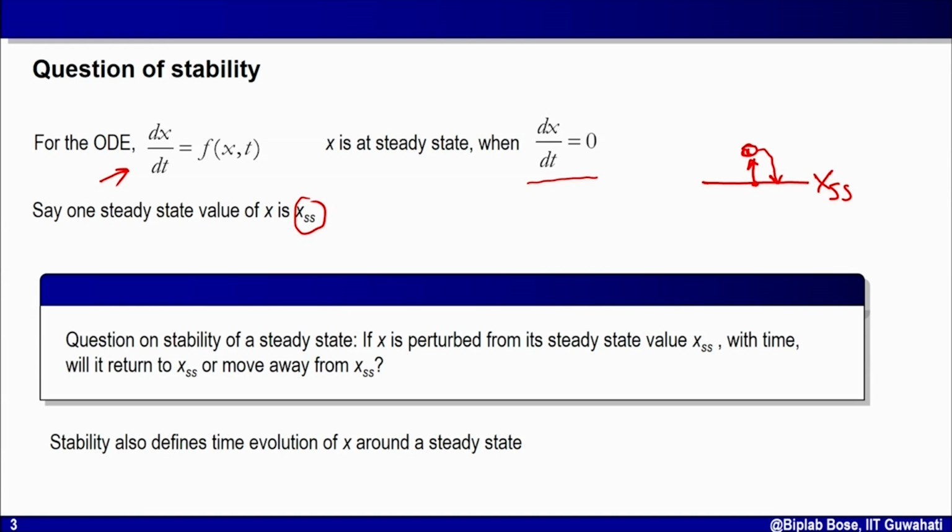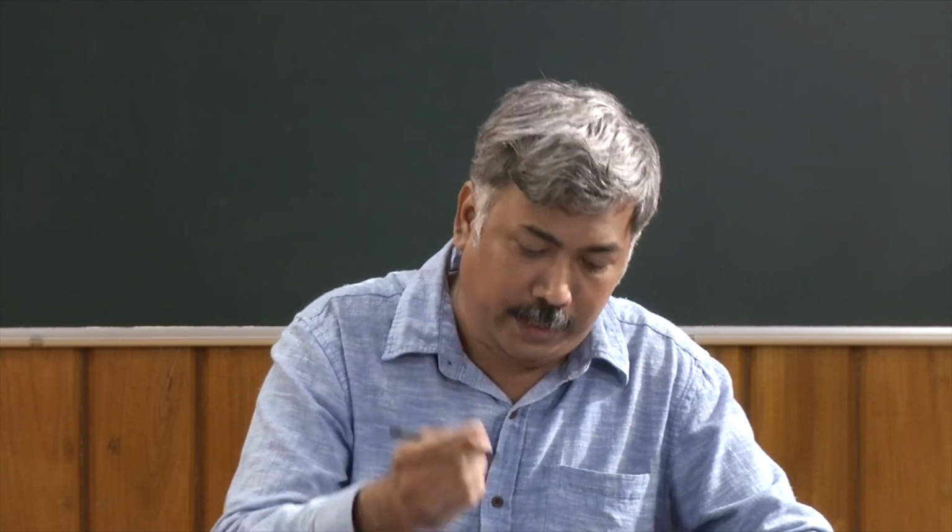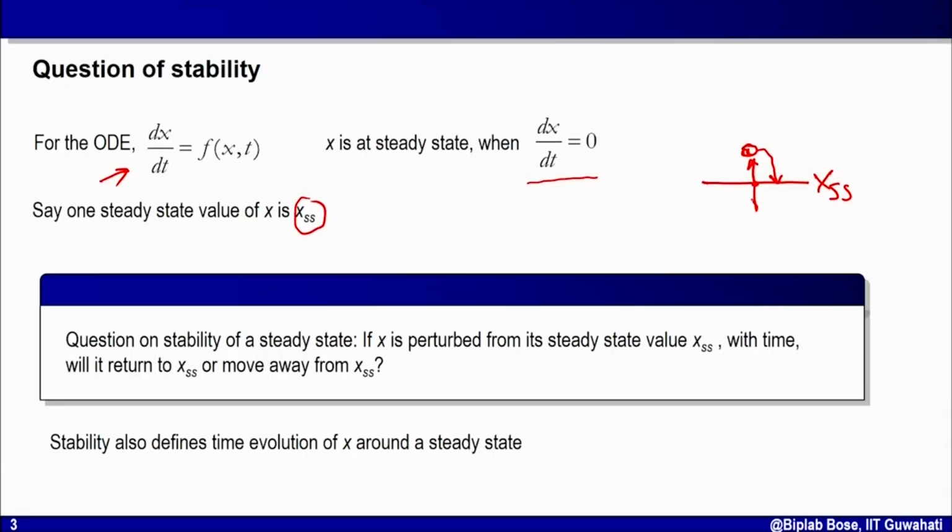Or if I do the opposite thing, I pull it down, I reduce the value of x slightly from xss. Suppose I reduce the value of x slightly to here. This is a small change in x, del x. And then I ask the question, what will happen as time progresses? Will the value of x again go back to xss?